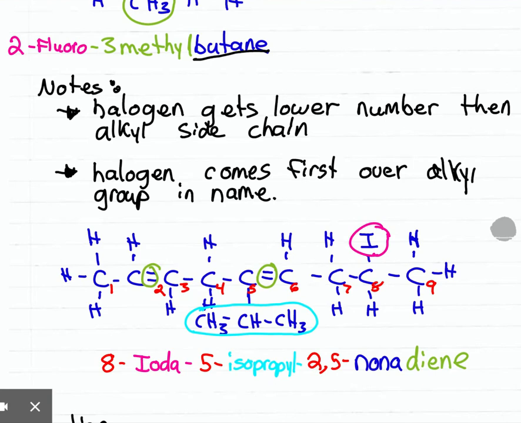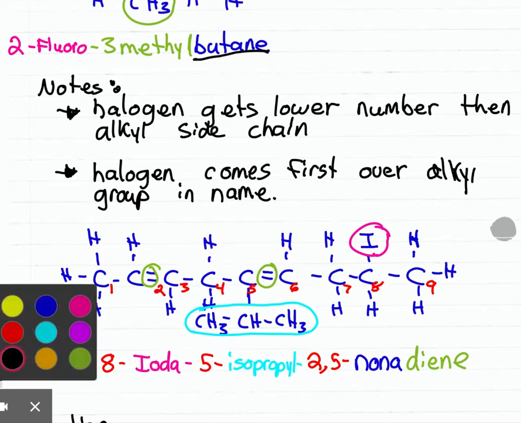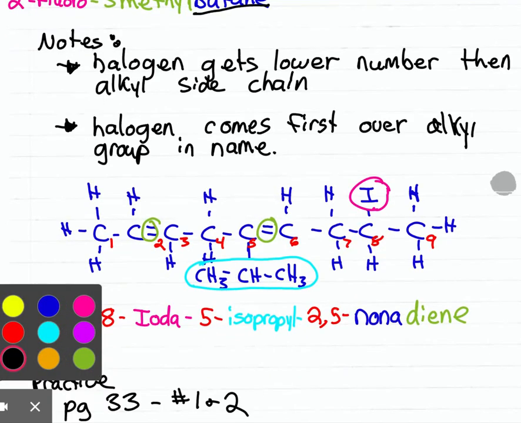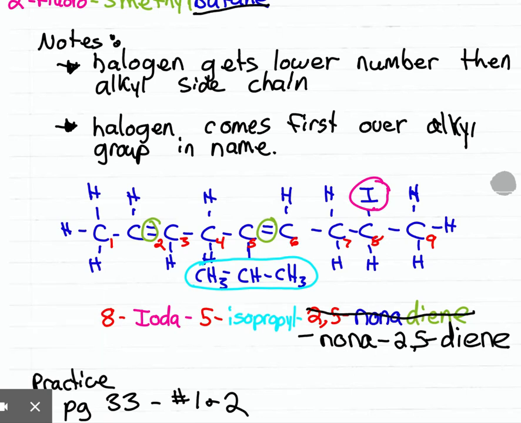I have to actually fix this name because I've used an old system that I did not teach you. All right, I'm going to fix this. It's going to be nona-2,5-diene. Okay, so this way that you see in color is an old method of naming. The method that we have talked about, I've written in black down here.